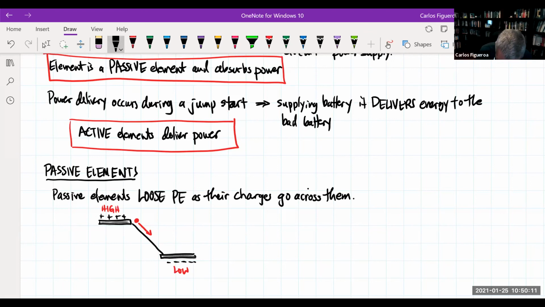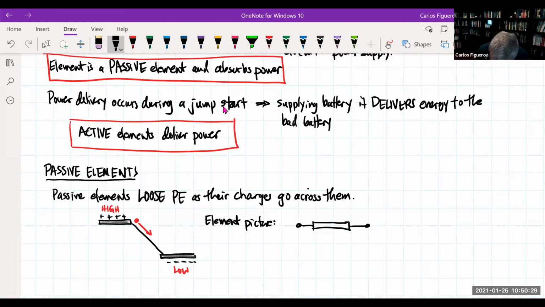But element-wise, what does the element picture look like? If I have an element, it looks like this.